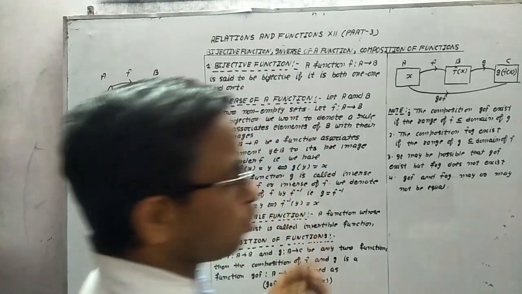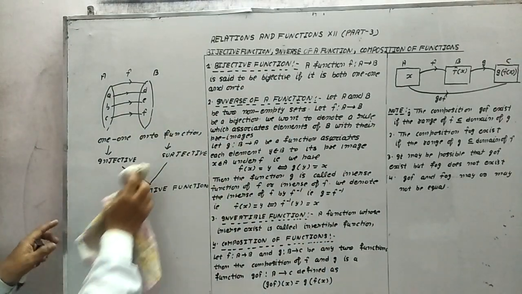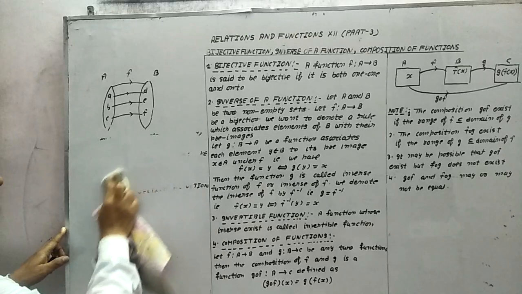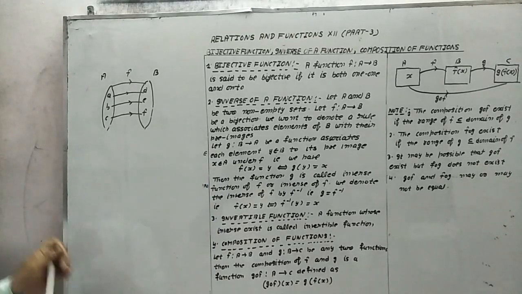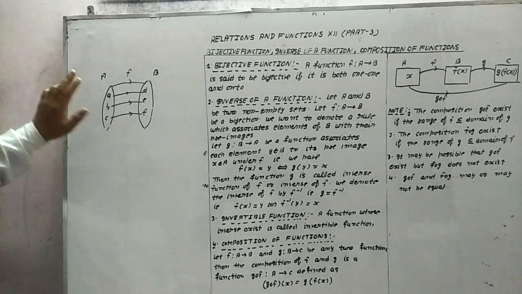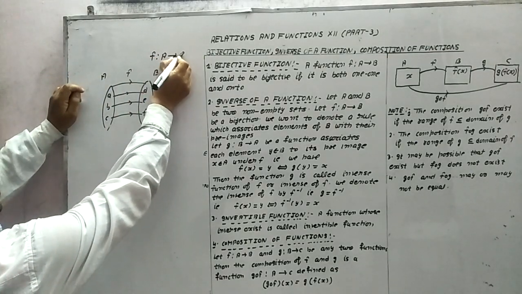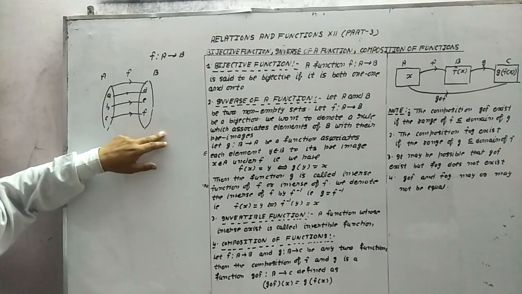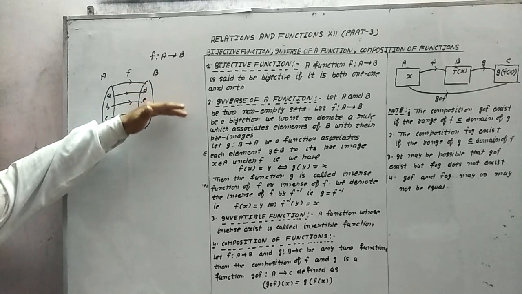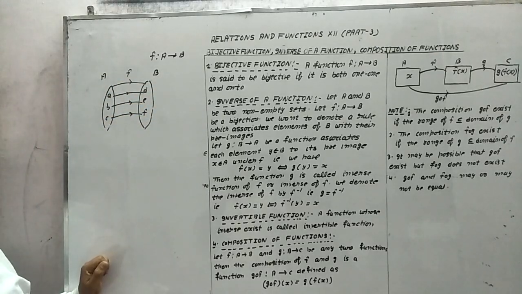Next, inverse of a function. Now look at this. I'll explain this here only. If f is a function from A to B, and this function is one-one and onto also, it means in the reverse direction also we can create a function.